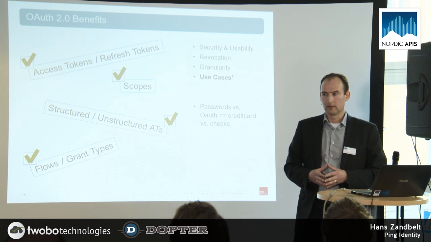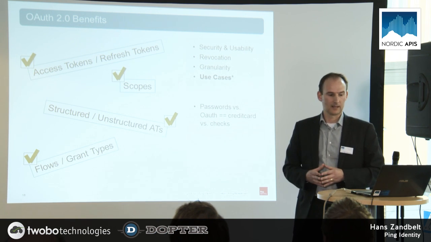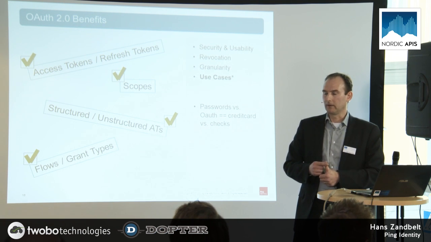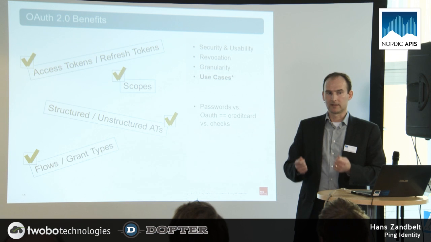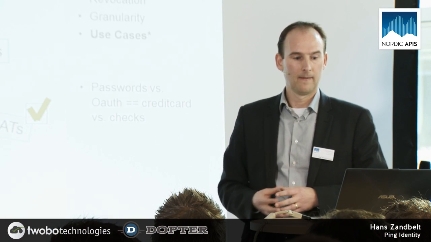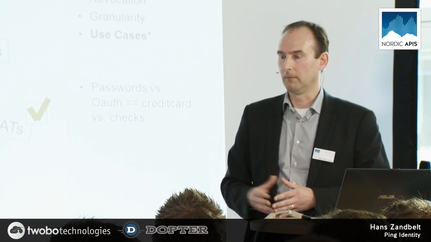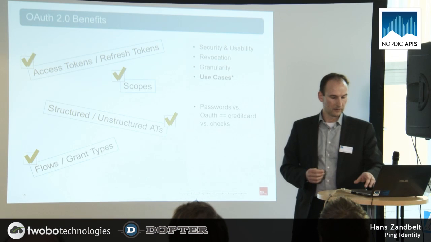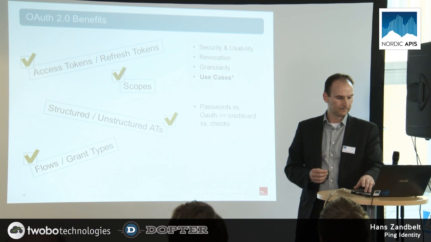It allows for security and usability at the same time. That's a very good thing. It allows for granularity. You can hand out tokens with scopes that limit that token to a particular usage, like read or write. And it covers revocation as well, because you can revoke a token for a specific application. So those are some of the nice benefits there.